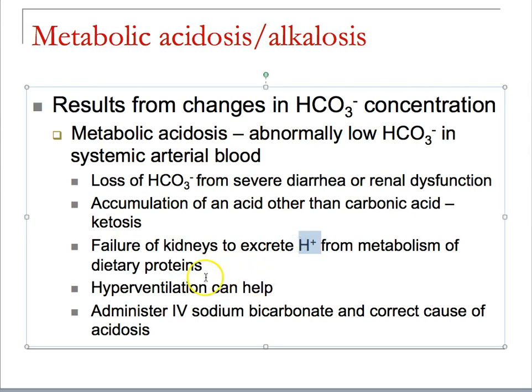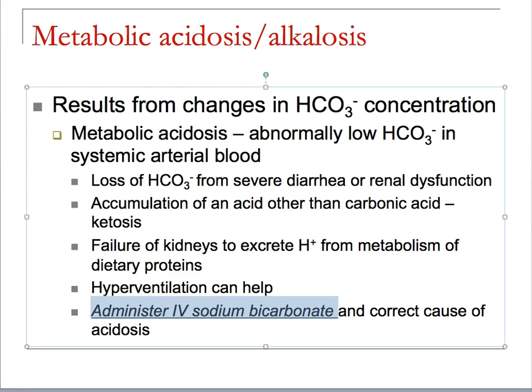But the reality is this: hyperventilation can help, meaning blow as much carbon dioxide off, but the easiest thing to do, of course, not that any of us actually have these at our disposal on any given day, is administration of IV sodium bicarb.